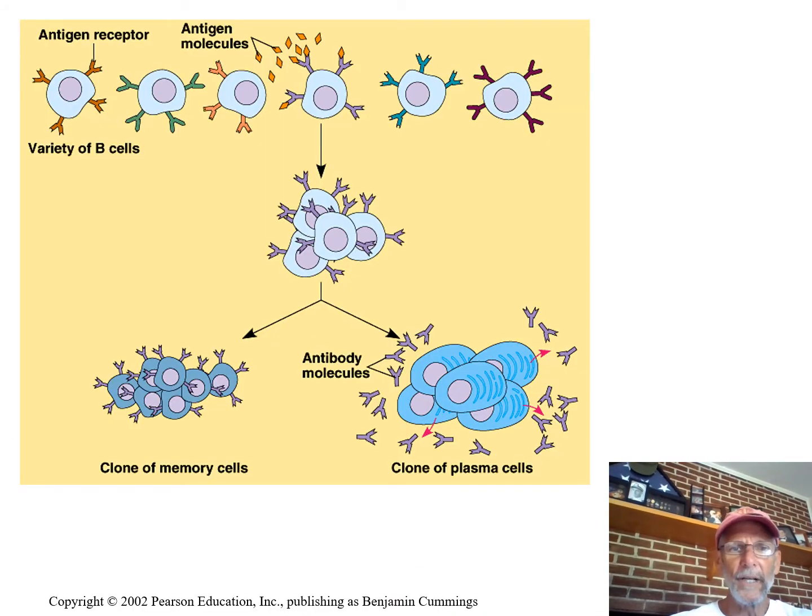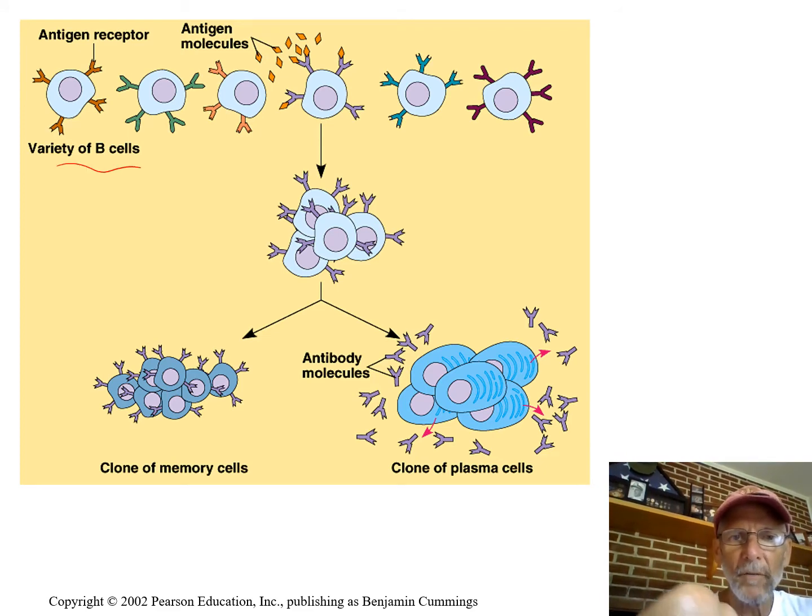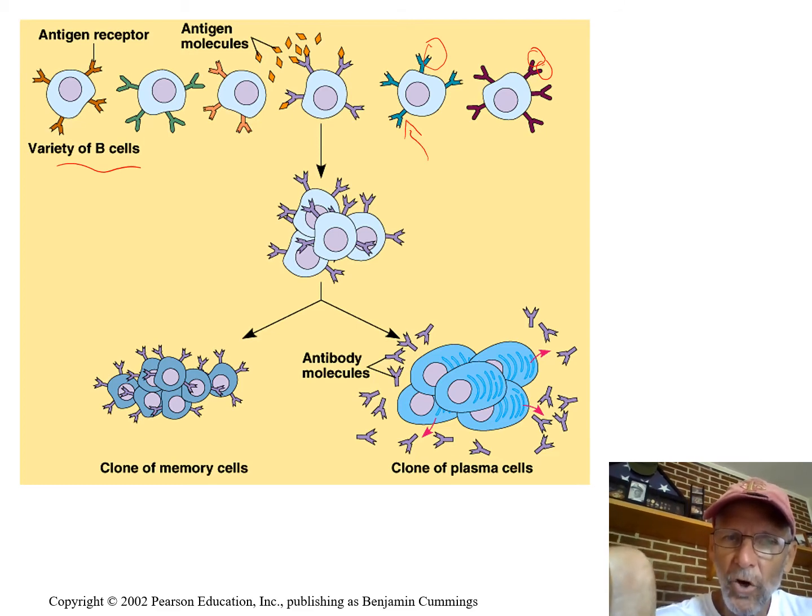So here is kind of what I did. The B cells all have different molecules sticking out of their surface. You can't see it too well here, but what's different about them is just the tip of this Y part. Now, for B cells and only B cells, these receptors are also the molecules that we call antibodies.